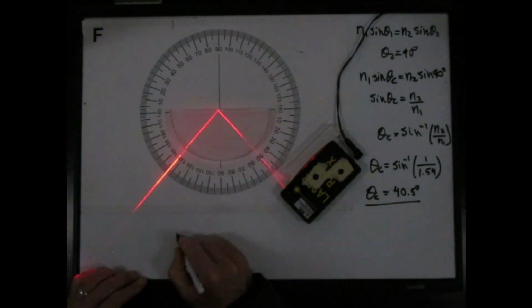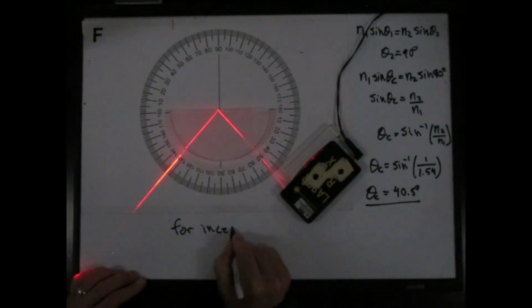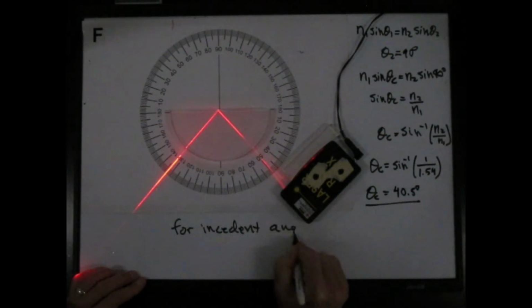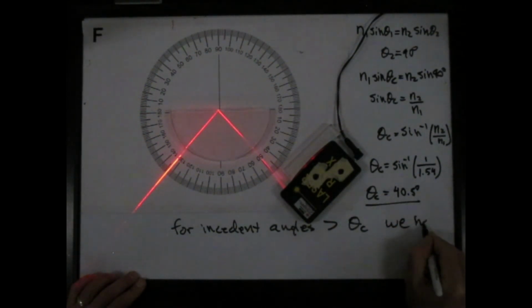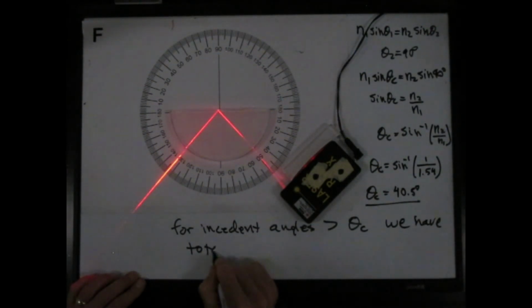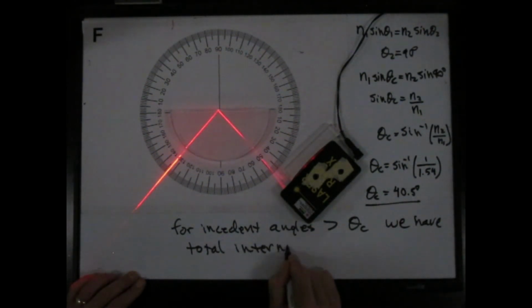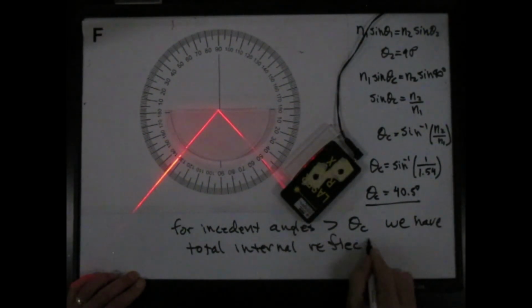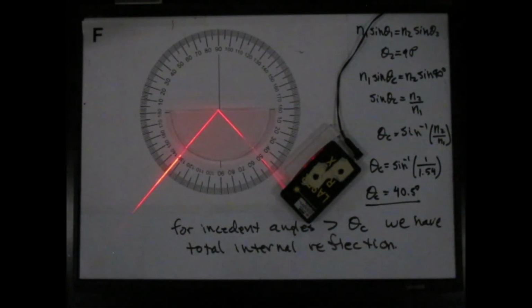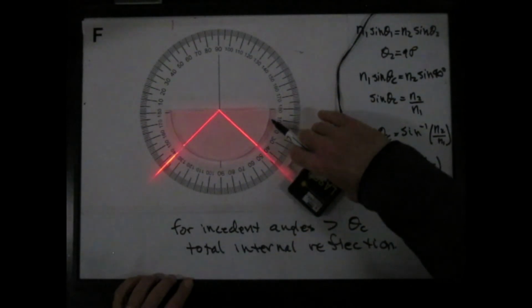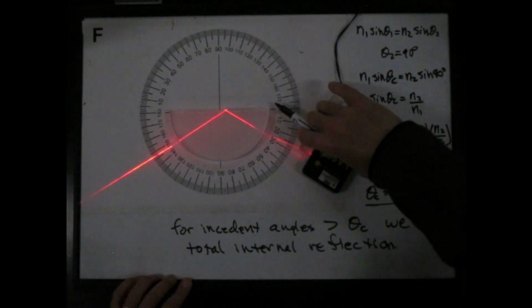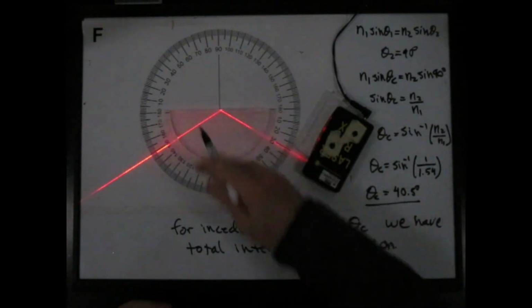And so for incident angles greater than the critical angle, we get total internal reflection. And that's what you're seeing here. And so anywhere I go beyond that, the light is kept completely inside the material.